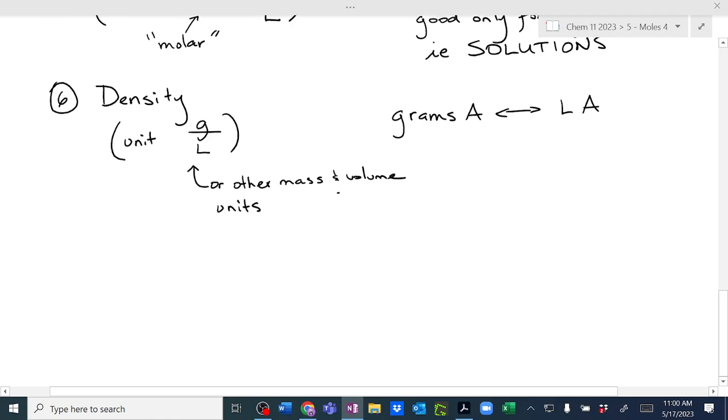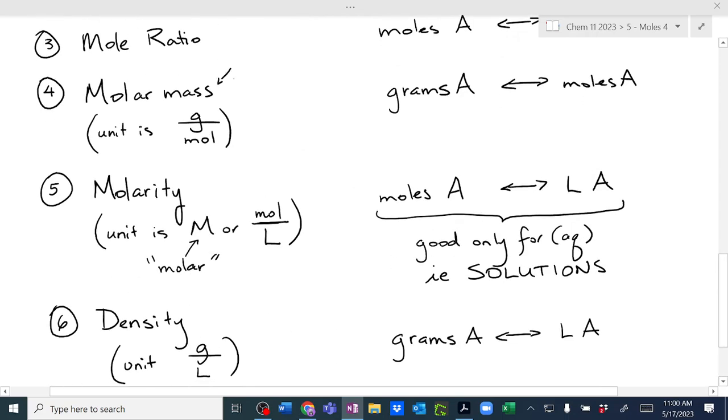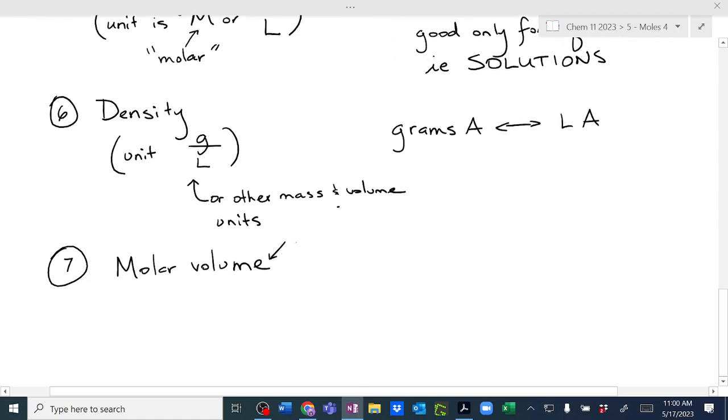Okay, what is our seventh conversion factor? We just learned it yesterday. Molar volume. And remember, molar mass is the mass of 1 mole. What's molar volume? Volume of 1 mole. And what is the unit for molar volume?